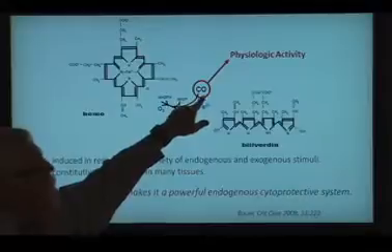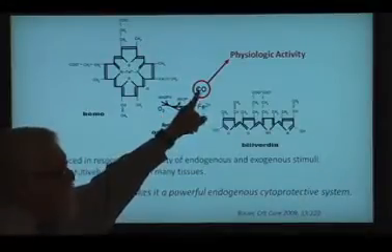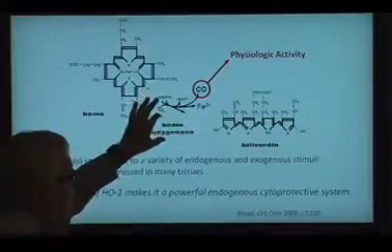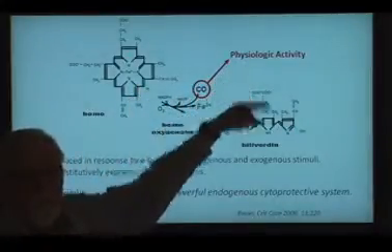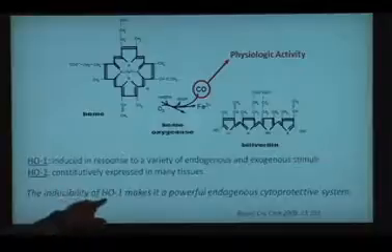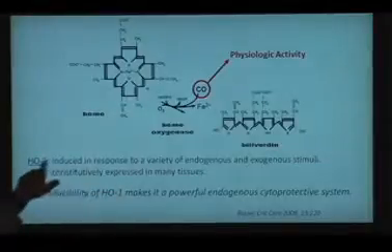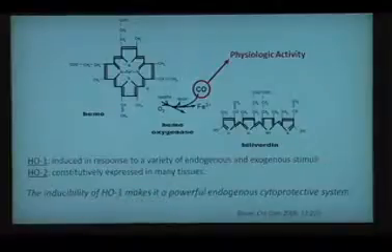What has become increasingly recognized is that the CO that is produced as a result of heme oxygenase activity has physiologic activity in the body, lots of different types of physiologic activity. In fact, the inducibility of heme oxygenase 1, this one, makes it a very powerful endogenous cytoprotective system.